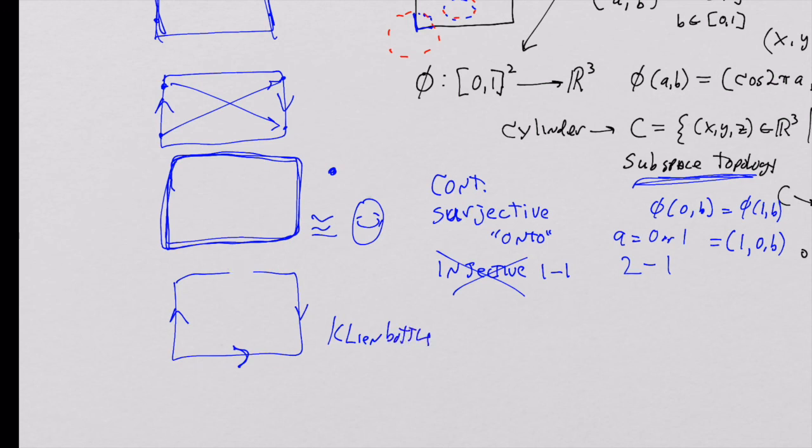If I take this top side and flip it to be the opposite direction, so I'm equating this point and this point, that would become a projective plane. All of these things are topological manifolds, and they're all definable in terms of quotient spaces and equivalence relations. We'll run through the Mobius strip next time. Okay, we'll talk later.